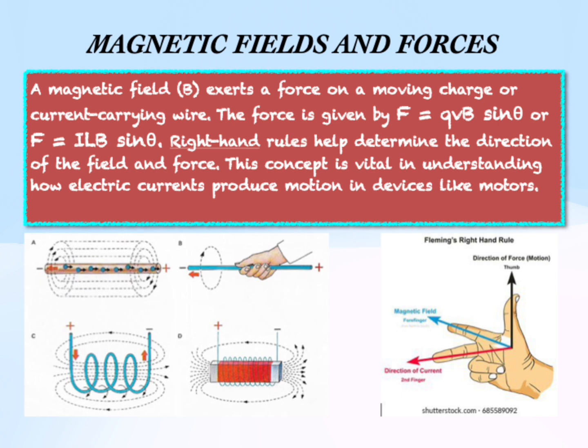Or if you want to measure it in a current carrying wire, the force equals the current times the length of the wire times the magnetic field and the sine theta. The right hand rule, which we learned in our class, helps us to determine the direction of the field and the force. This concept is essential in understanding how electric currents produce motion in devices like motors.